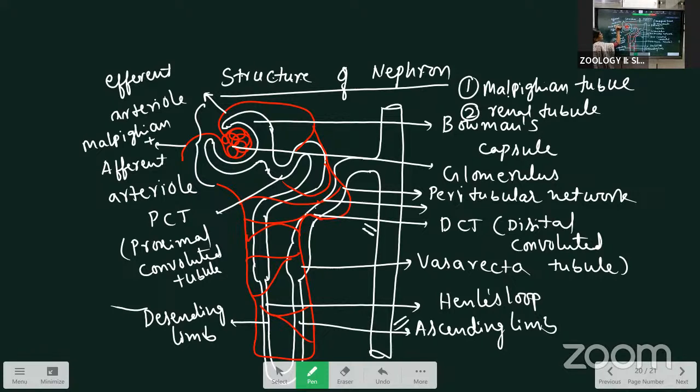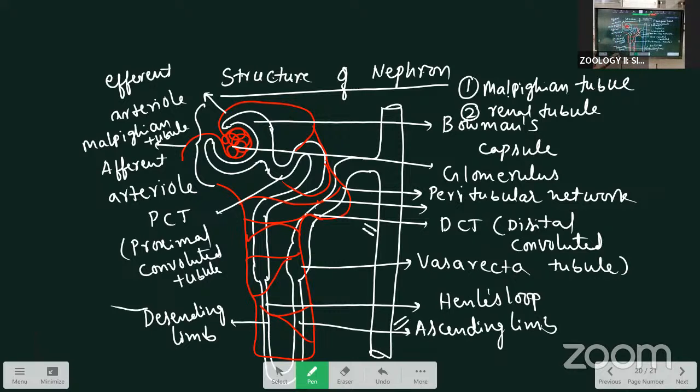Another name of the Malpighian tubule is renal corpuscle. This opens into the tubular part. This total tubular part we call the renal tubule. Here only two components are there in the structure of the nephron. This part is the Malpighian tubule, and the remaining total part we call the renal tubule.